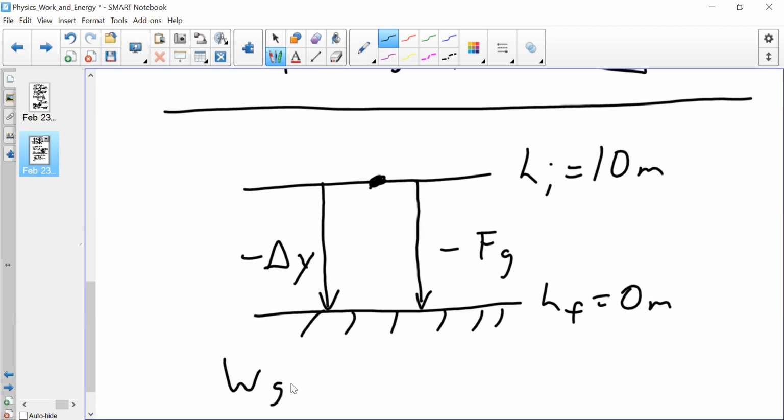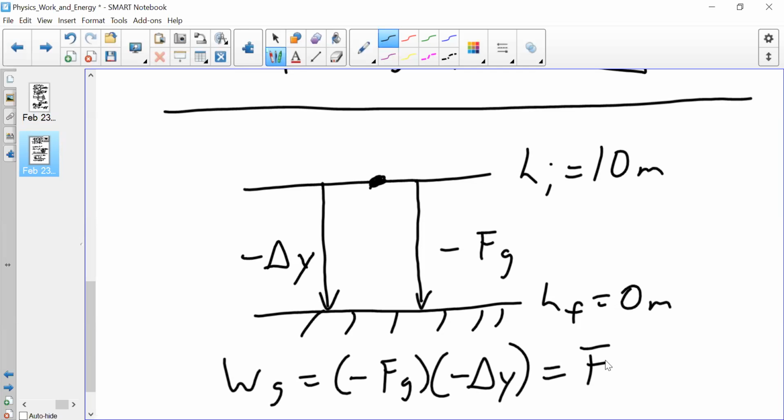So the work done by gravity is a multiplication of the force due to gravity and the negative vertical displacement. When you multiply those, that's going to be a positive. So we know that the work is F sub g delta y. And we also know that Fg is equal to mg. It's the weight, so force due to gravity is mass times gravity.